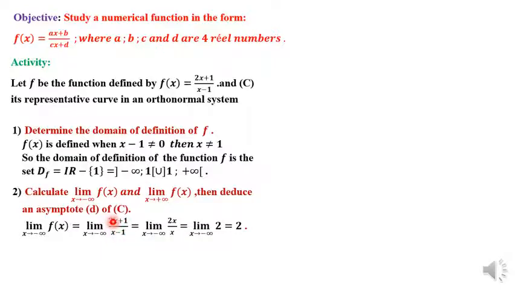We take the term of highest degree in the numerator and the term of highest degree in the denominator. We obtain 2x over x. We simplify by x. We get 2. Then the limit of 2 as x tends to minus infinity equals 2.